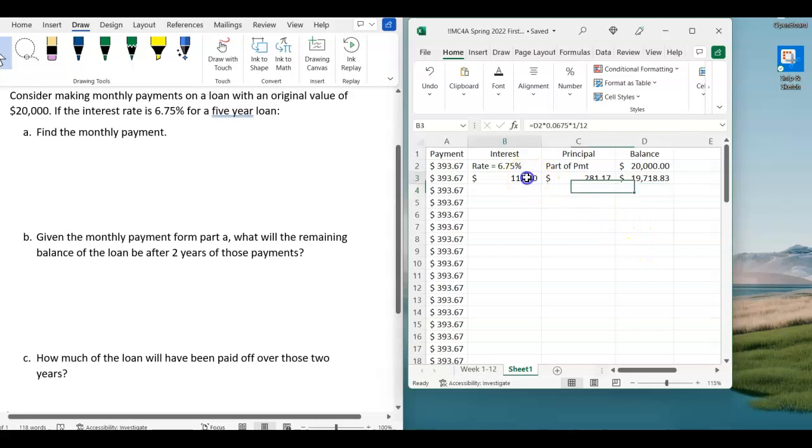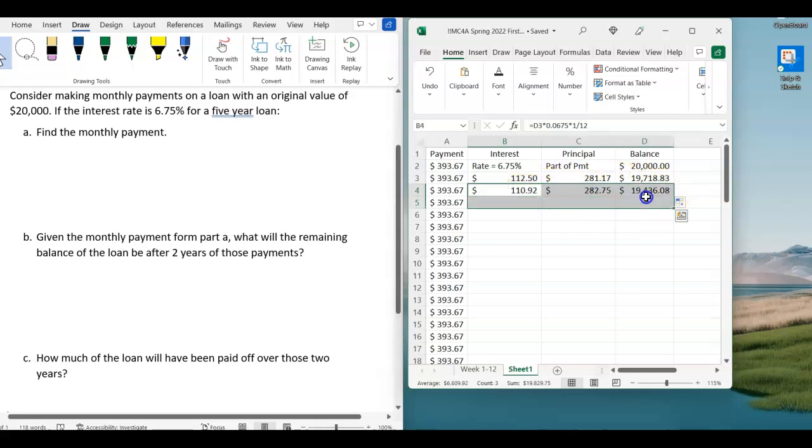Excel's pretty clever in how it's set up. If I highlight those and drag all three, it will take this balance times the 0.0675 over 12, and so on. And so you can see the balance is decreasing each time.